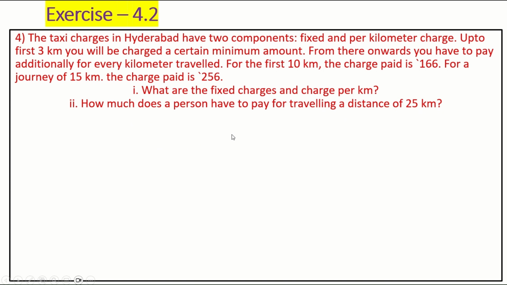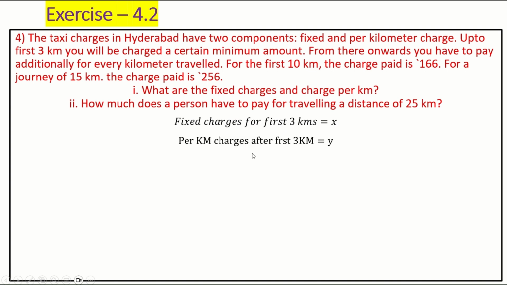This is another problem. Let's say the fixed charge for the first 3 kilometers is x, and the per kilometer charge after 3 kilometers is y. So the given equation for the first 10 kilometers, charged 166, means 3 kilometers of fixed charge plus 7 kilometers at the per kilometer charge, so x plus 7y equal to 166.